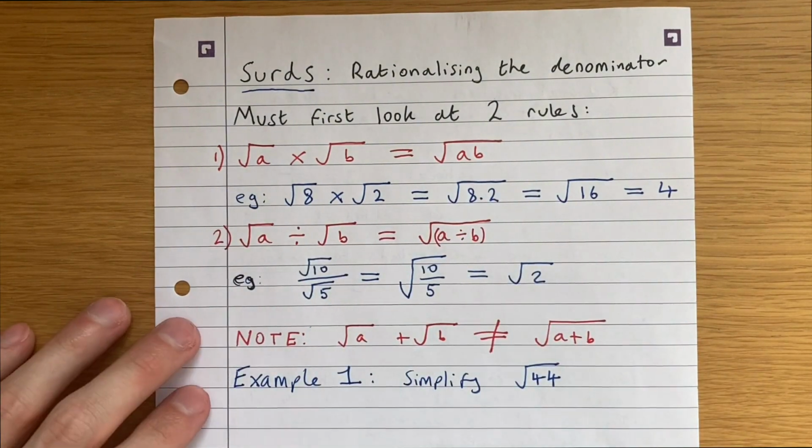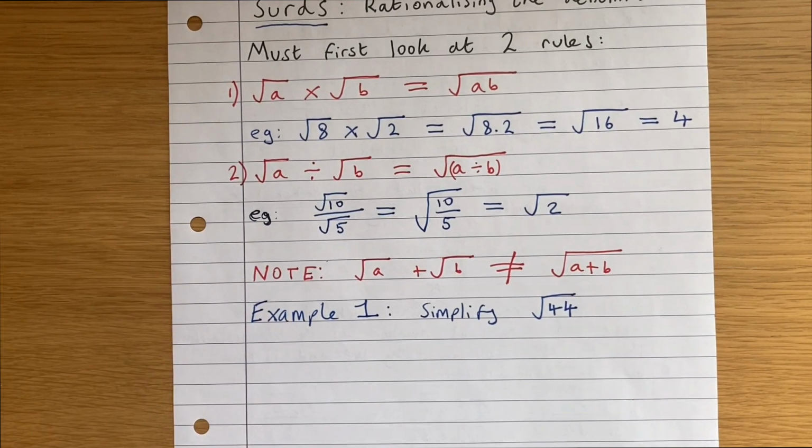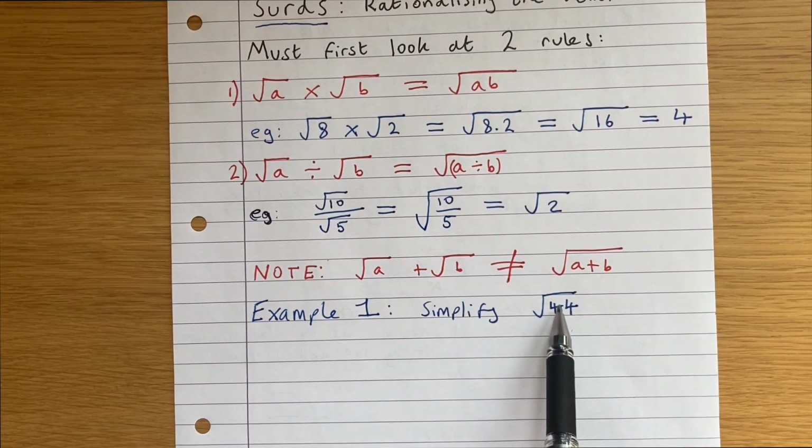So let's do a little example where we're asked to simplify the square root of 44. Well, what we can do here is use rule number 1 and break this apart into two separate square roots. What's really useful when simplifying is finding whether there are any factors of 44, the number that's being square rooted here, that are square numbers. We can immediately see that 4 is a factor of 44 because 4 times 11 is 44.